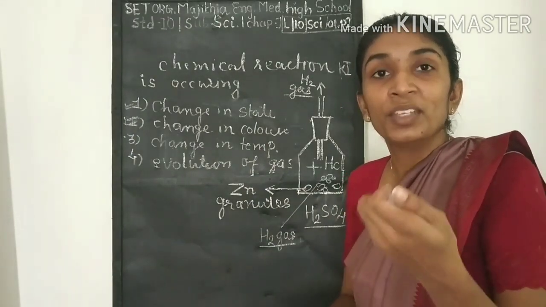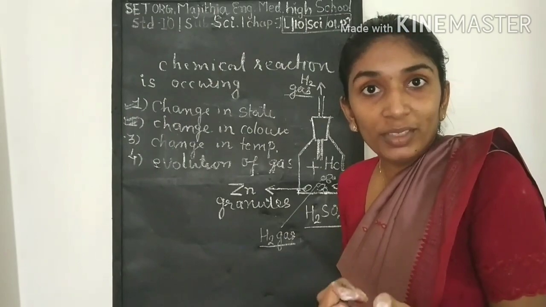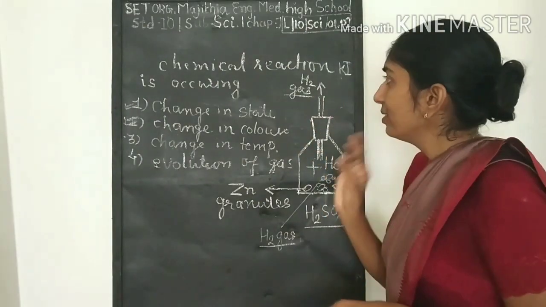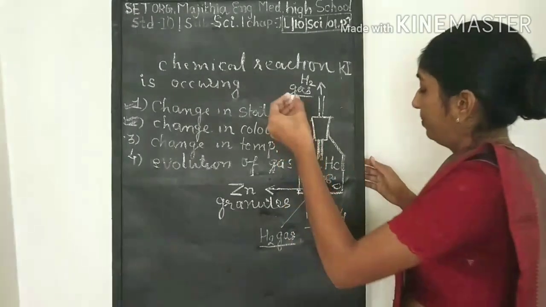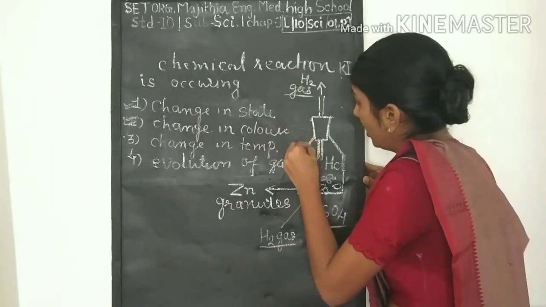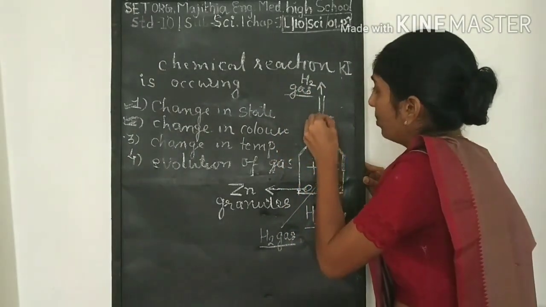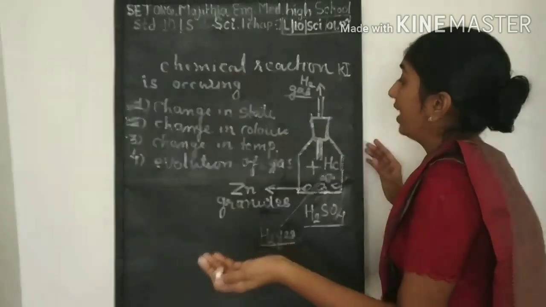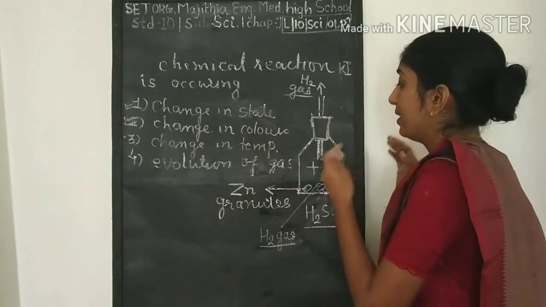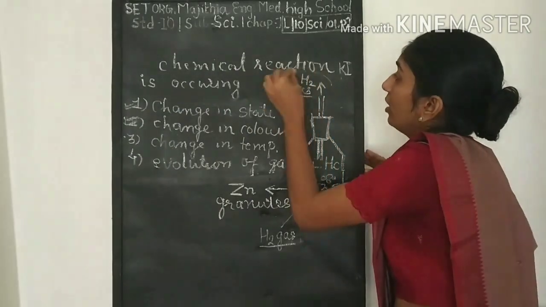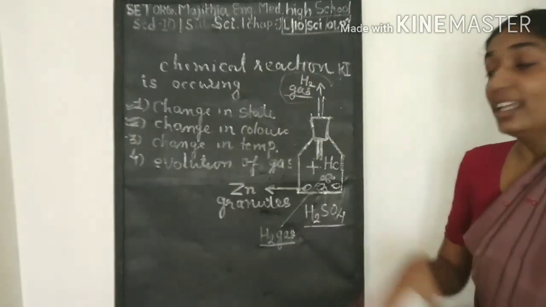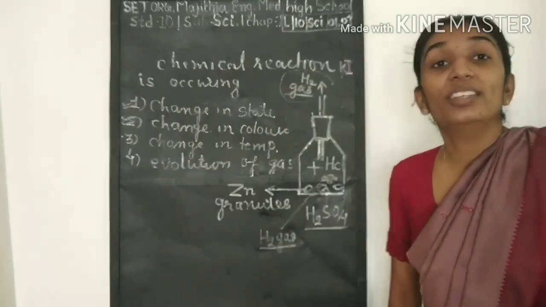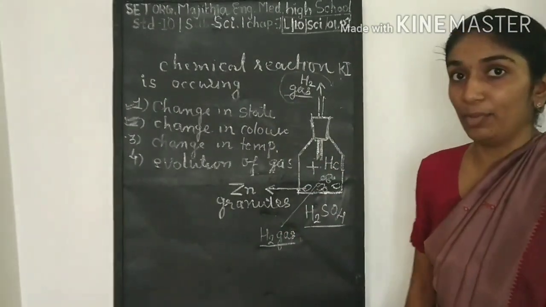It will create a certain kind of noise while burning. And another thing, this one is a rubber cork. So for the gas there is no other way to escape. It will lead to this particular way, and we may keep some container over here and collect it. This is a method of generating hydrogen gas in the laboratory.